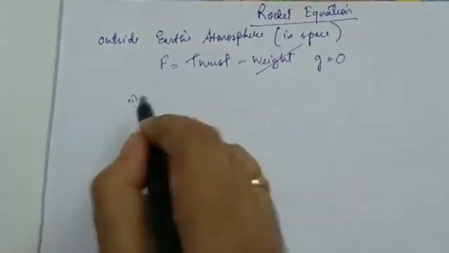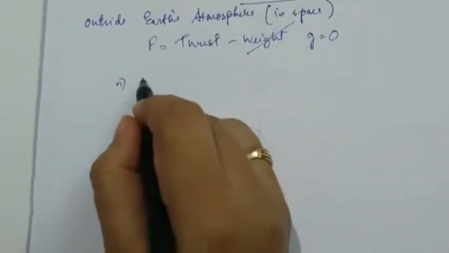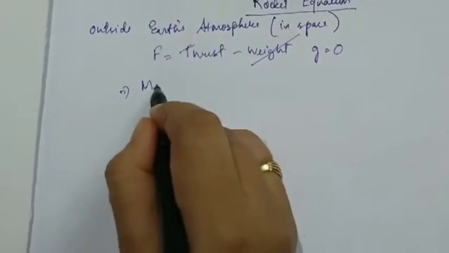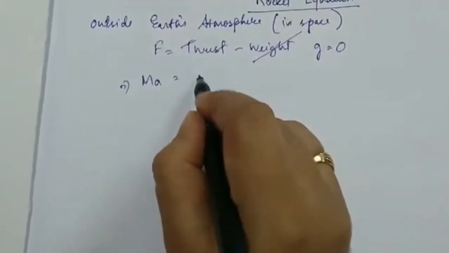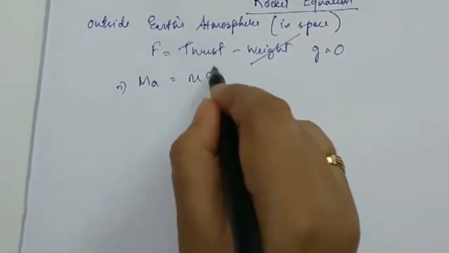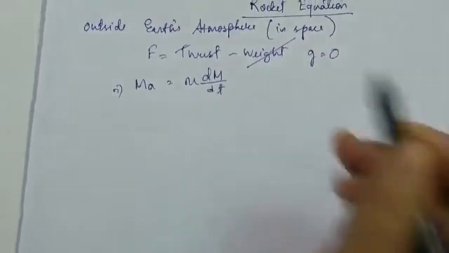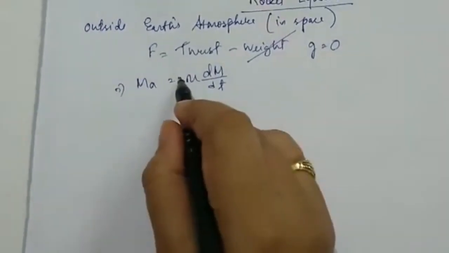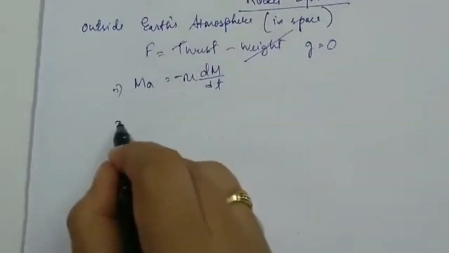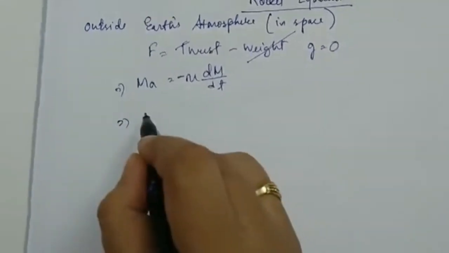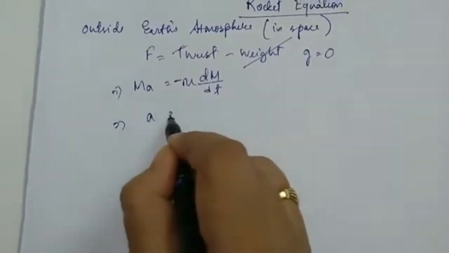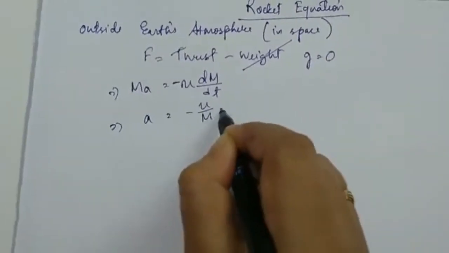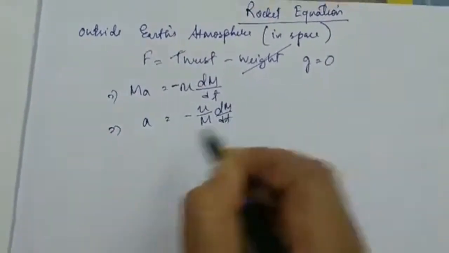So what remains? F equal to ma, and thrust is u dm dt, isn't it? Again, dm dt is negative, as we have already discussed, so I will mark it as minus. So m I will keep as capital M, so it will be u by capital M dm dt.